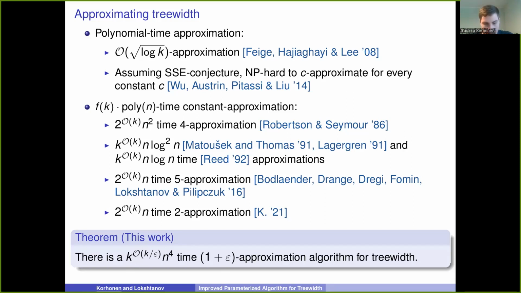So this approximation scheme already improves over the previous exact algorithms on the dependence on k. And our exact algorithm can be thought of as just an optimization of this, in the setting when you set epsilon equal to 1 over k.